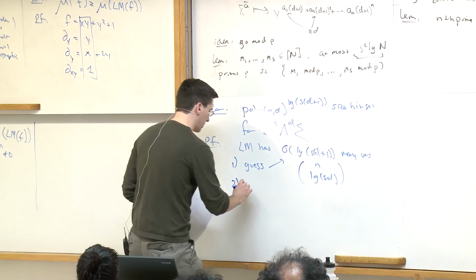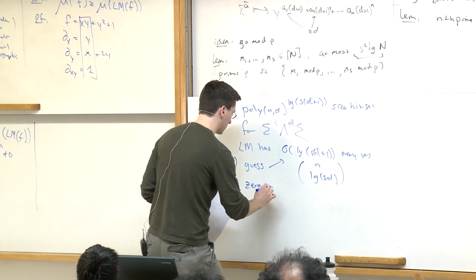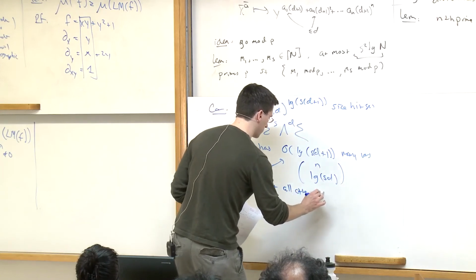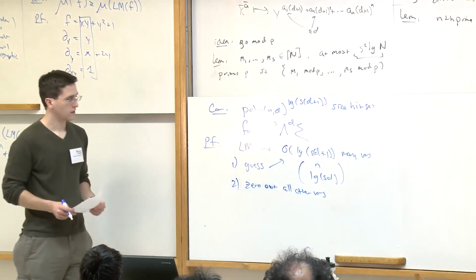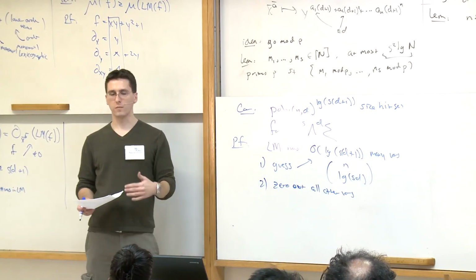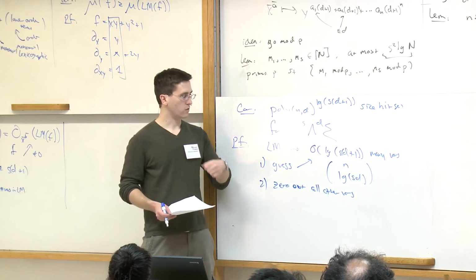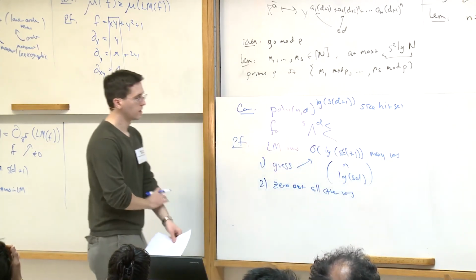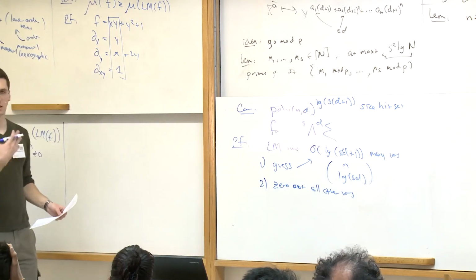The second step is we'll zero out all other variables. This is something that we can do in the black box because we're plugging in evaluations. We're only going to plug in evaluations with non-zero parts within the set that we chose. So this is also black box compatible, but we need to make sure that this retains the non-zero-ness.